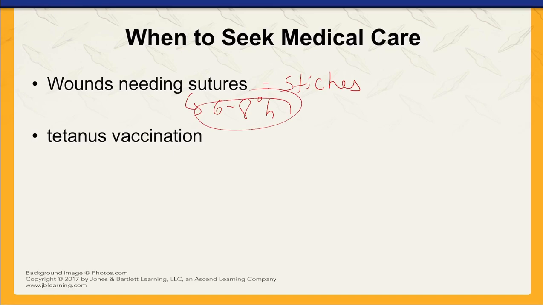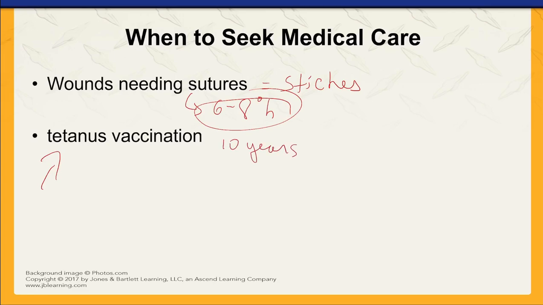Now, anytime you have an open wound, there's a risk of infection, especially with penetrating injuries, so you want to make sure that you're up to date on your tetanus vaccines. If not, they're probably going to give you a tetanus shot. As long as you've been vaccinated for tetanus within the past 10 years, you're okay, since this vaccine usually lasts 10 years.